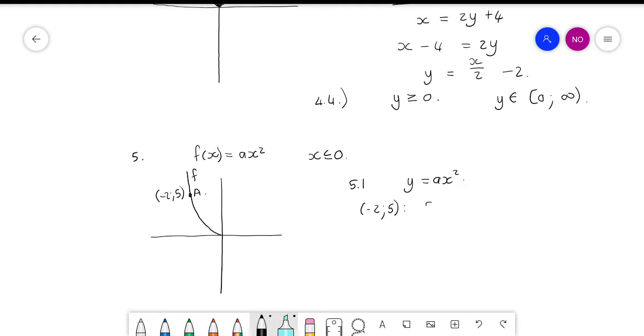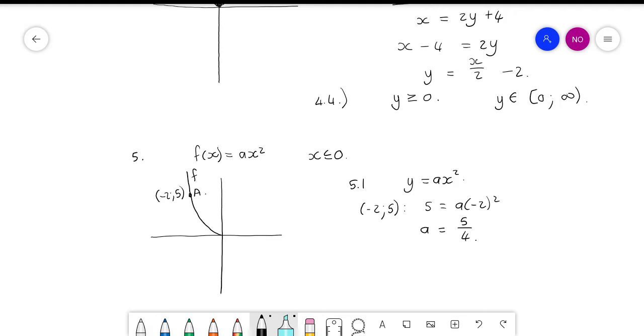So ek gaan instel. En dan is A gelyk aan 5 op 4. Okay, en onthou jy moet kyk of hierdie goed vir jou sin maak, want onthou as A 'n negatiewe getal is, dan moet hy hier lê. Okay? So omdat A positief is, wys sy armpies boontoe.